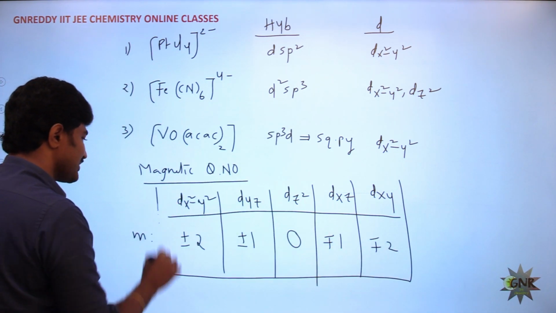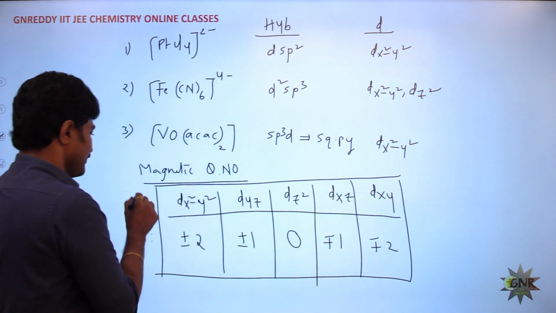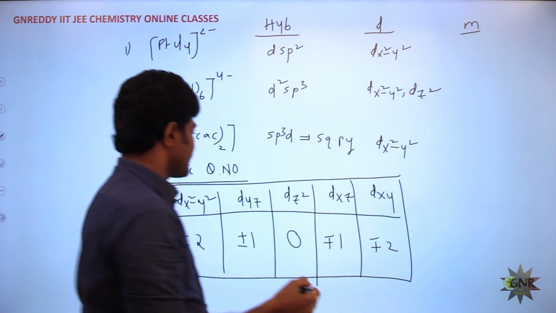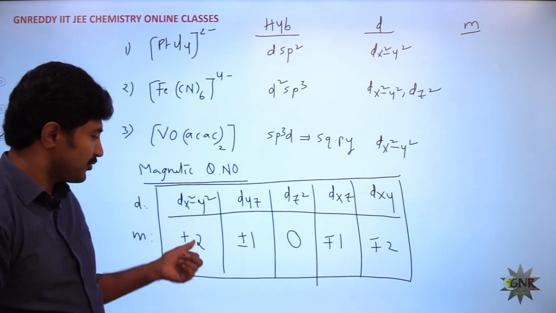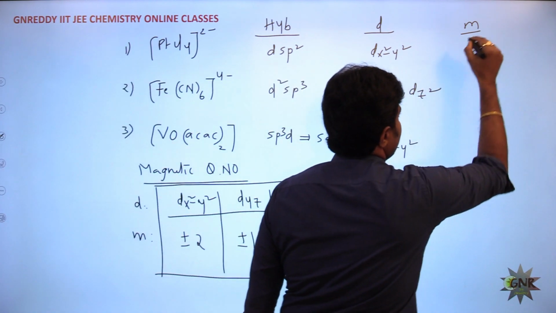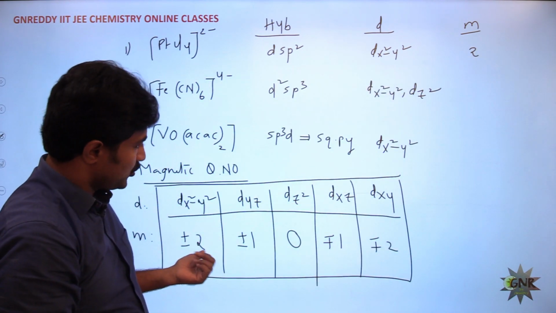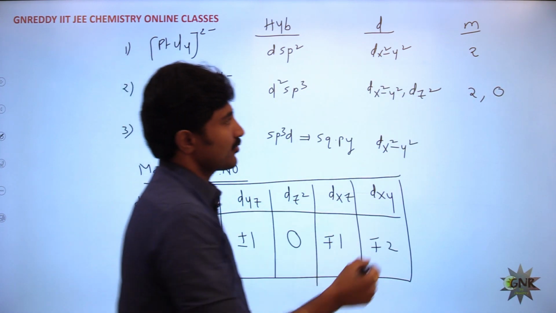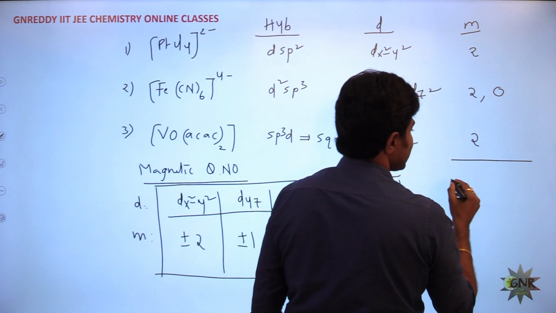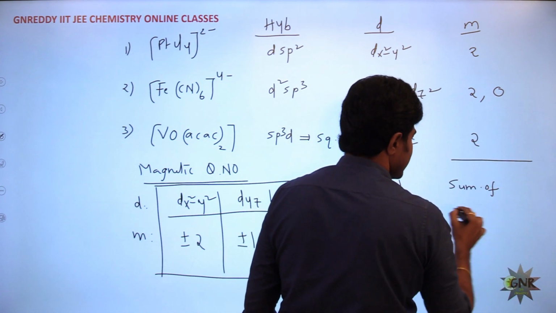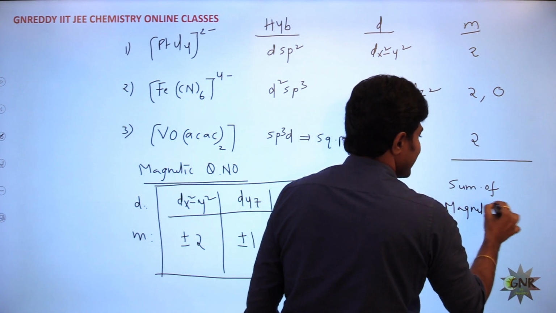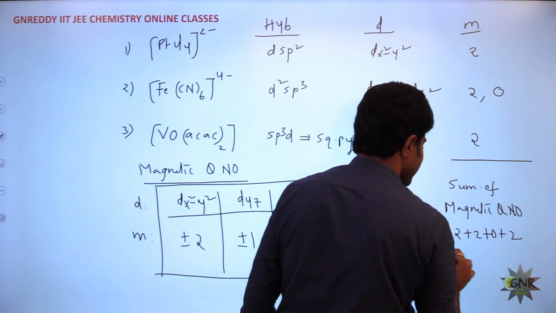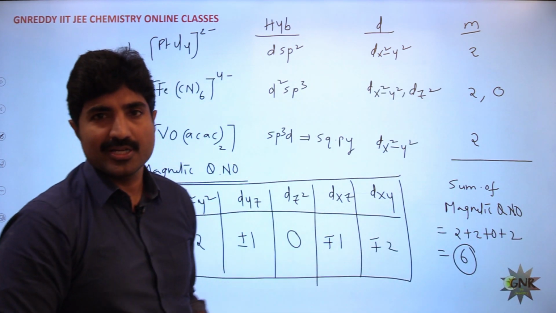Therefore, what are these m values? For dx square minus y square, they asked for the magnitude only, so it is 2, and dz square is 0, and again for dx square minus y square it is 2. Therefore, what is the sum of the magnetic quantum numbers? It is 2 plus 0 plus 2, that is 6. So this is one multiple-concept question.